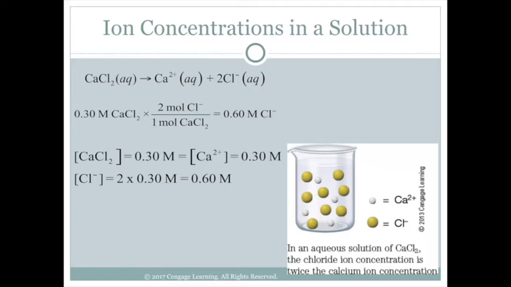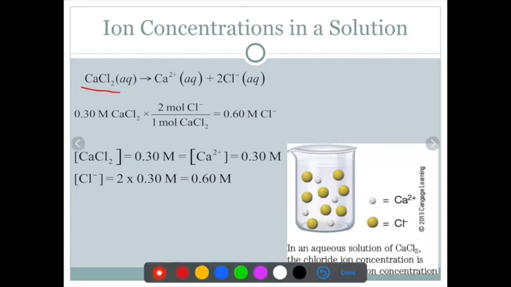So for example, right here, we have 1 calcium, 2 chlorine. So if I have 1 mole of calcium chloride, then I have 1 mole of calcium. Okay, so I just use the subscript in my compound.